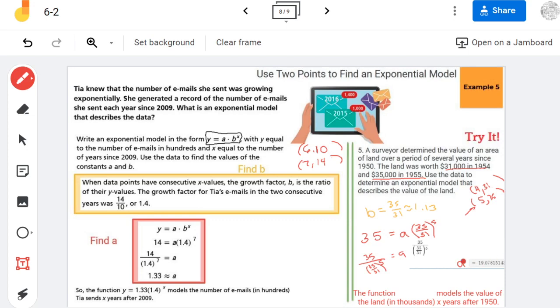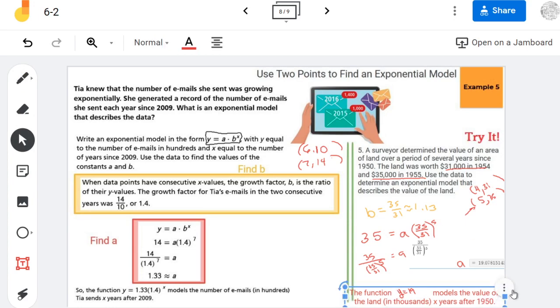Okay? So when I go to model this function, I'm going to say y equals my A. For A, I'm putting 19. Now, because I put the caveat of in thousands, that's why I could put 19. If I don't put that in thousands thing on there, I'd put 19,000. Savvas doesn't do that.